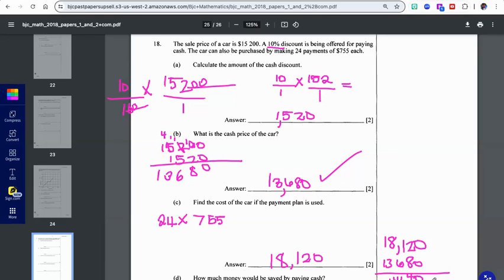Okay, if you did not get that, please take it down. If you have to write the question, you probably could take a screenshot so that you can have this. Any questions on hire purchase?